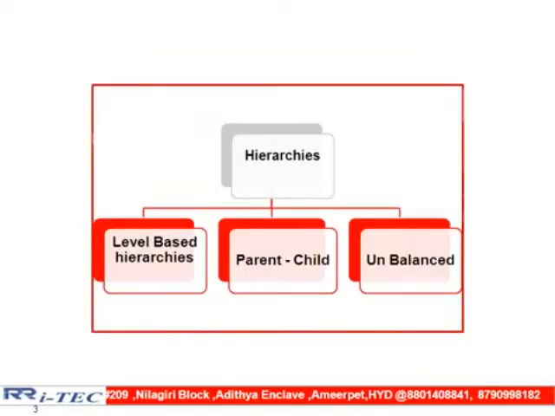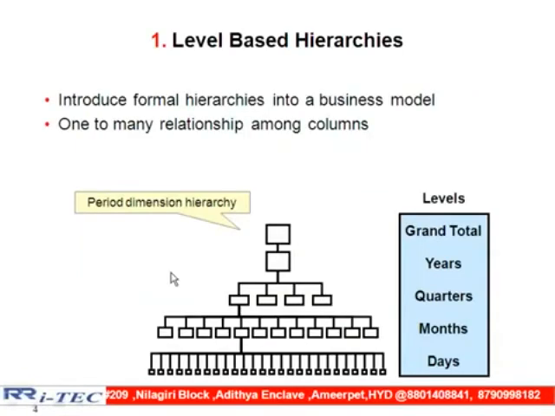Right. Now let us go for the first one, that is called level-based hierarchy. Yes, I am going for level-based hierarchy. It introduces formal hierarchies into a business model. The definition of level-based hierarchy is a one-to-many relationship among columns.